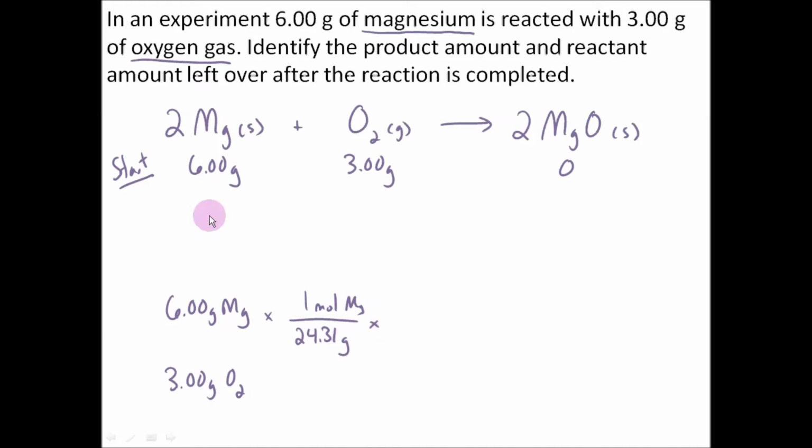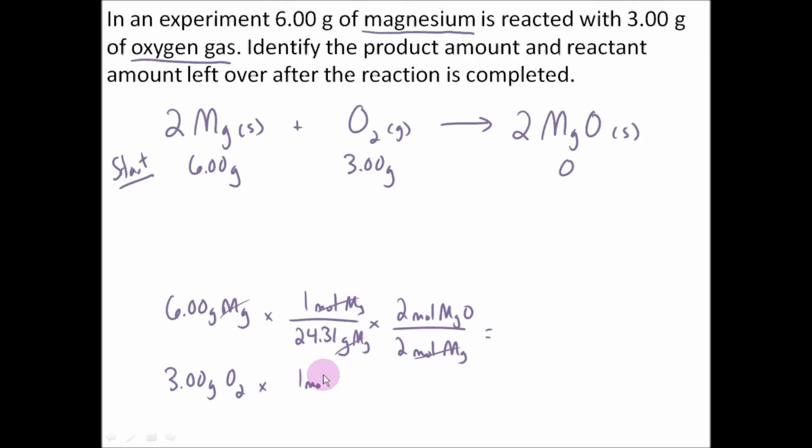And now what we're going to do is string together a mole-to-mole ratio to go to product. So 2 to 2, 2 moles to 2 moles. Alright, so 2 moles of our product is produced for every 2 moles of magnesium reacted. Alright, so let's cancel off all of these, and we are left with the moles of product produced.